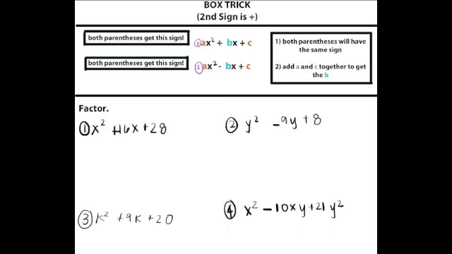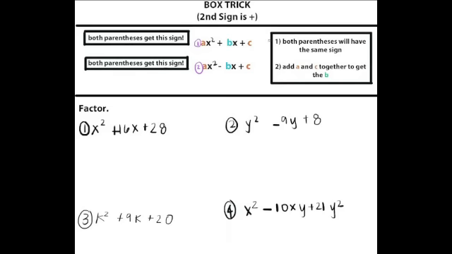You could have a plus and plus, okay, so first sign's plus, second sign's plus, or you could have first sign's minus and second sign's plus. But what you always want to do is start with the second sign, because that's going to tell you a lot of things here, okay? So start by looking at the second sign. Today we're only going to look at ones where the second sign is plus, but eventually I'll mix them up. But that's where you always want to start, at the second sign.